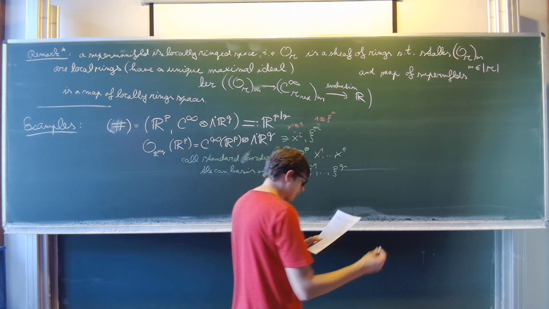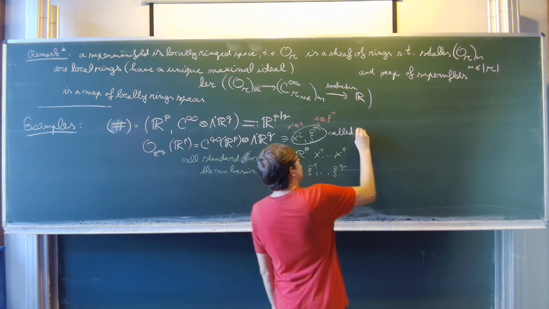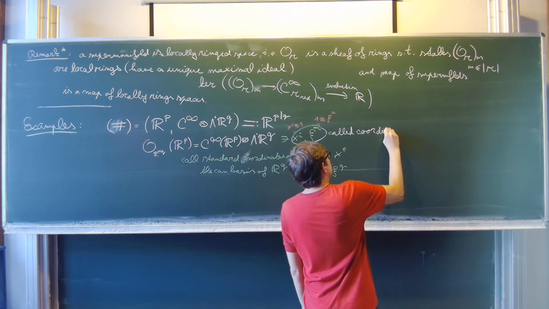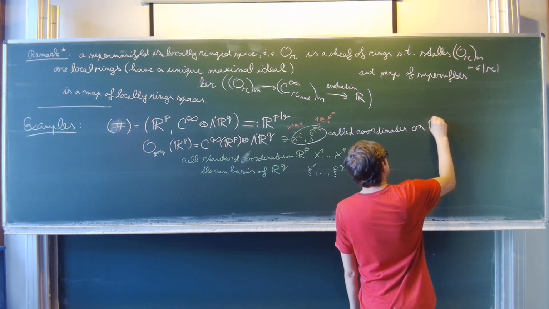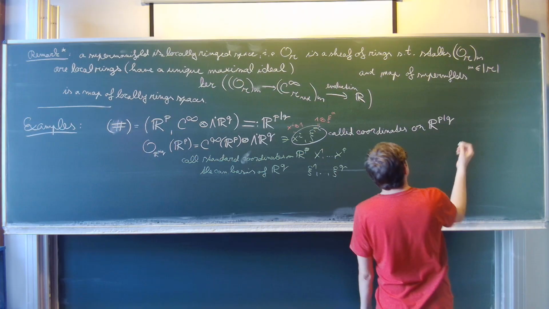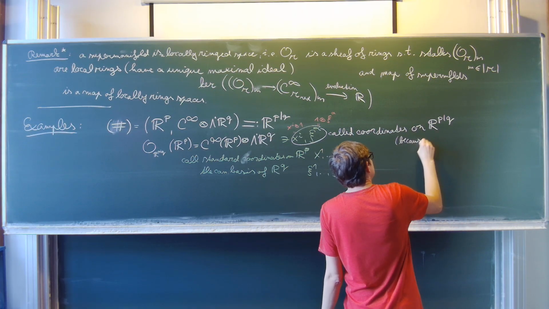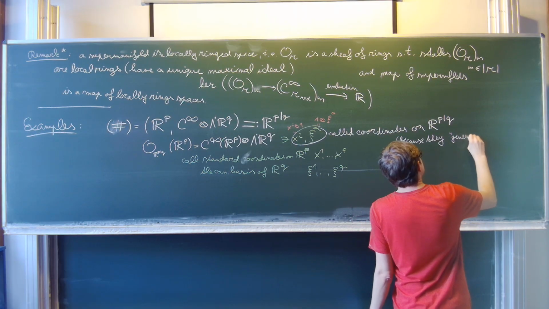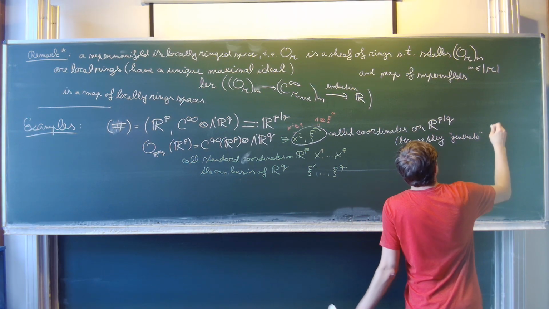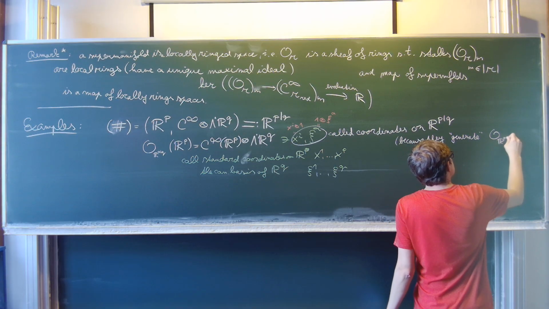So these guys are called coordinates on this R^{p|q}, because they generate, in quotation marks, the ring of functions.